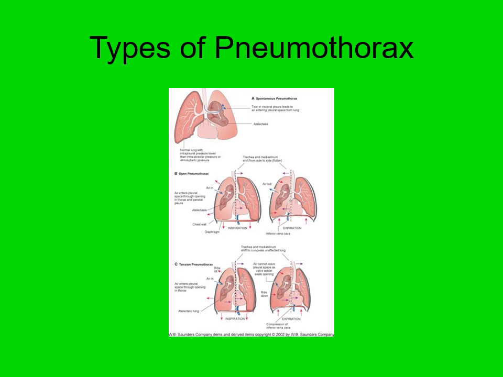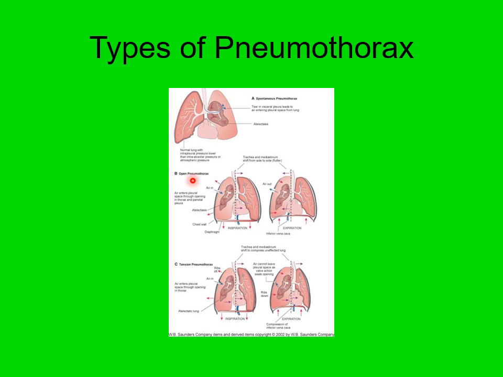And these are types of pneumothorax, maybe a little bit difficult to see. This is showing you spontaneous. A tear in the visceral pleura leads to air entering the pleural space from the lung and resulting in lung collapse. This is the normal lung here on the left, with intrapleural pressure lower than intra-alveolar pressure, and that's what keeps the lung inflated.